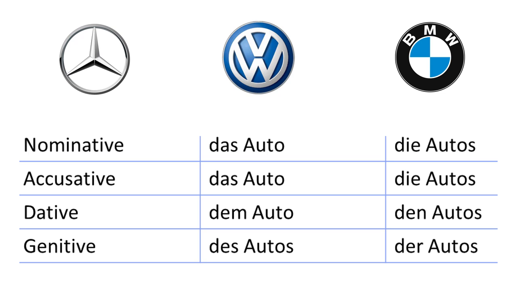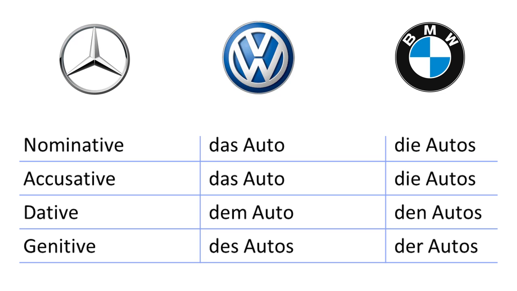But you'll notice as you look at the German articles that precede Auto or Autos, that there are here 6 different ways to say the car or the cars. Das Auto for the nominative and accusative, or die Autos for the nominative and accusative.